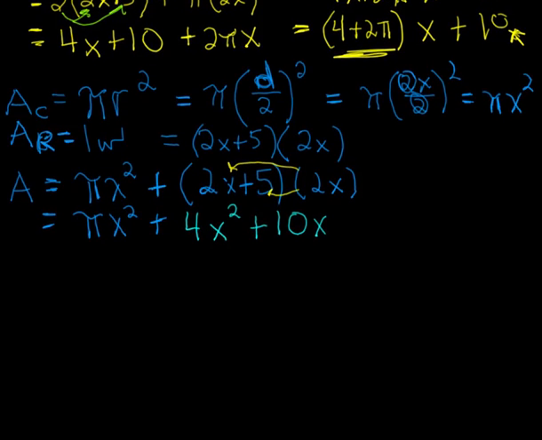And so my area ends up being pi x squared plus 4x squared plus 10x.